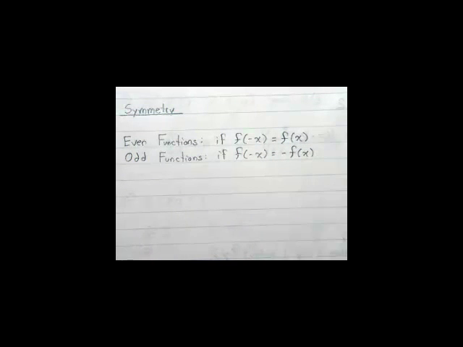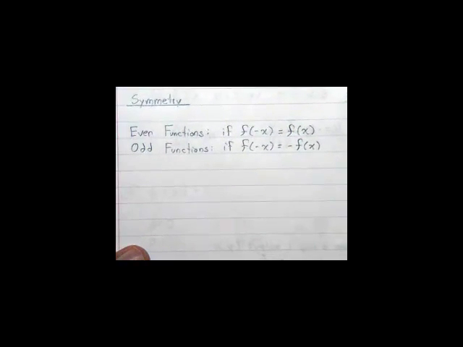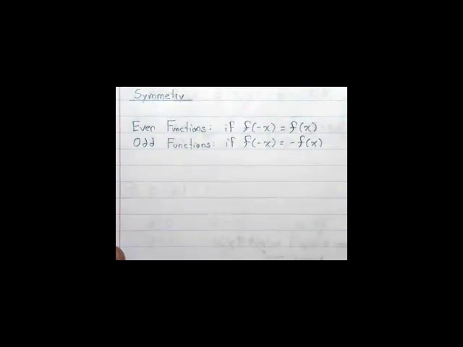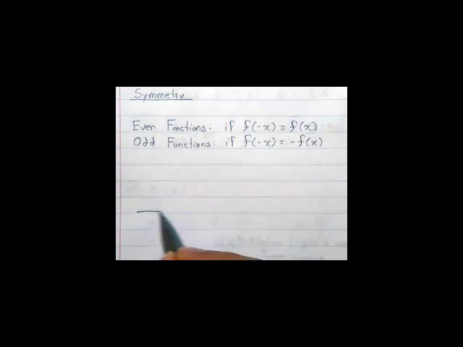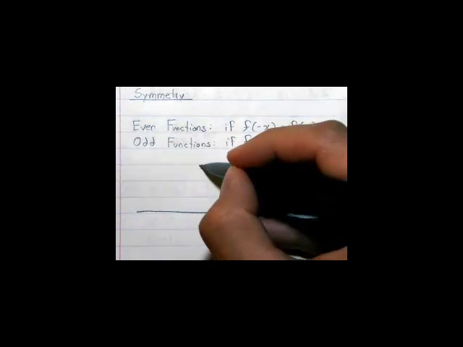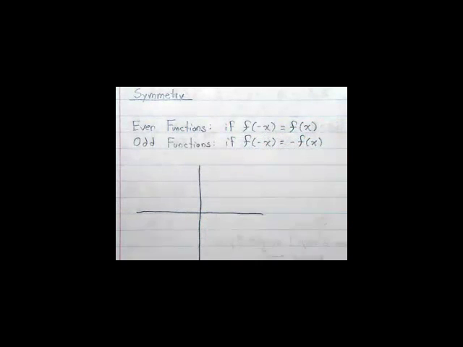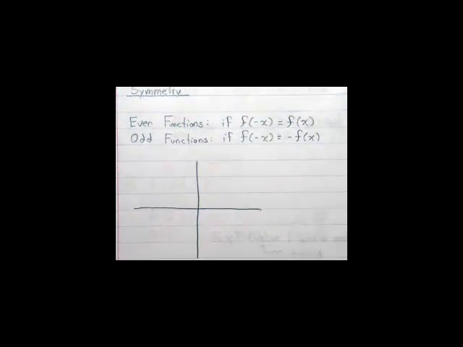Now this you probably don't remember, but identifying them on a graph you probably do, because that was a little bit easier to see what was going on, since there are some distinct characteristics for each of these. So, let's talk about even for a minute. To be even, f of negative x has to equal f of x.